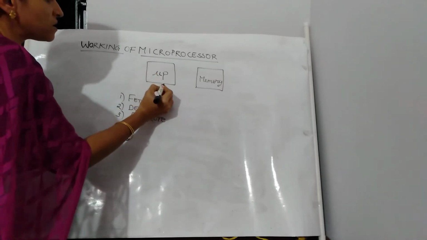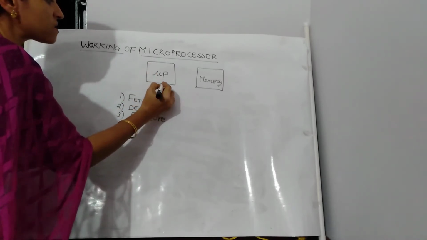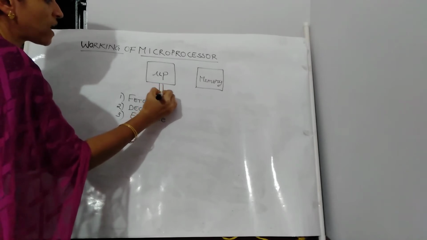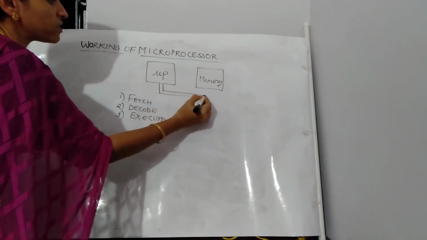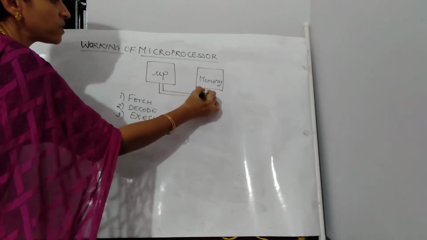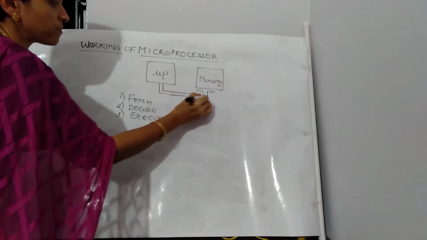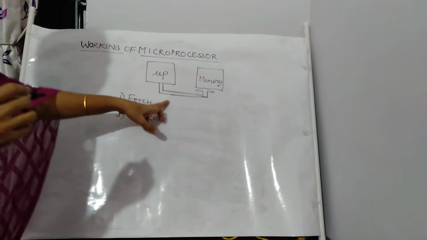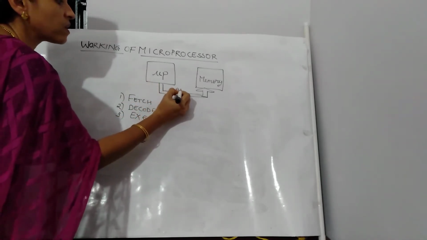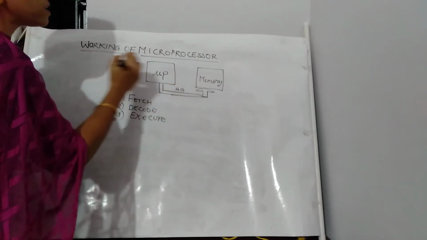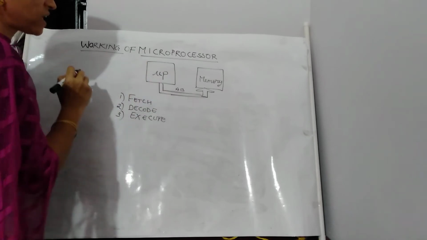Now let us consider the address bus, which is unidirectional. So we have the direction from microprocessor to memory. Okay, so this is the address bus. Okay, then we have the data bus, which is bidirectional.